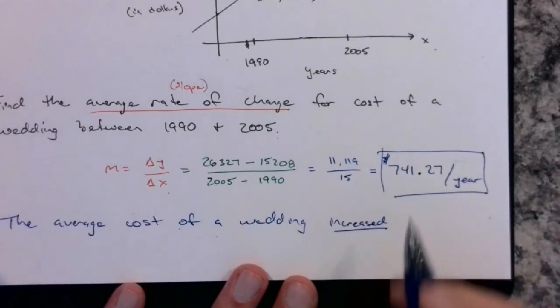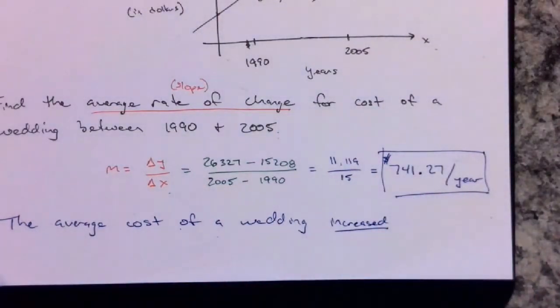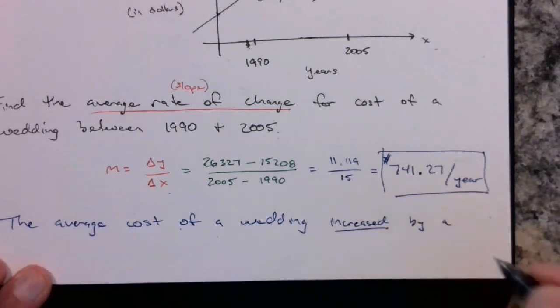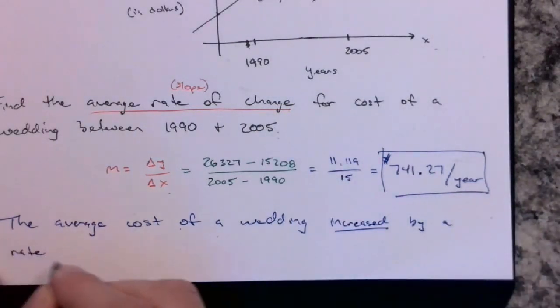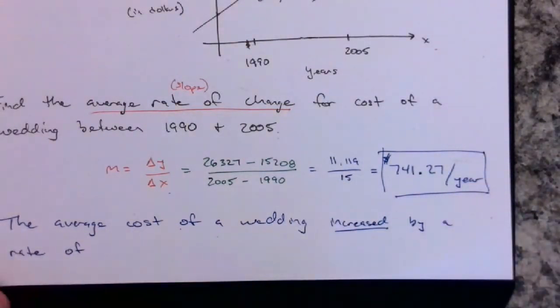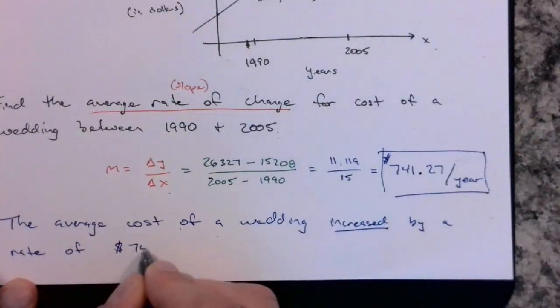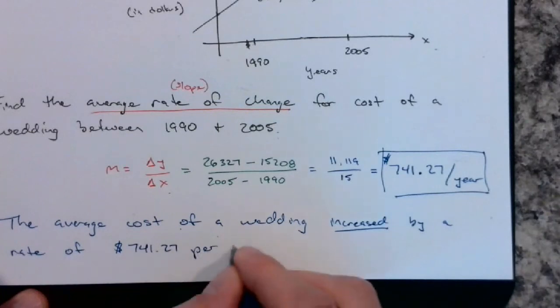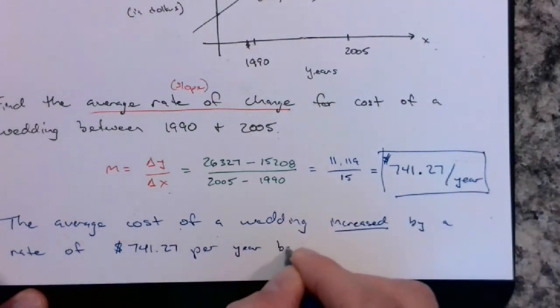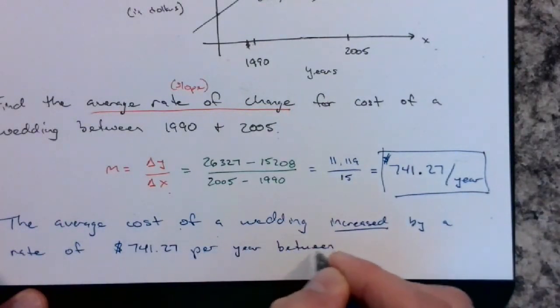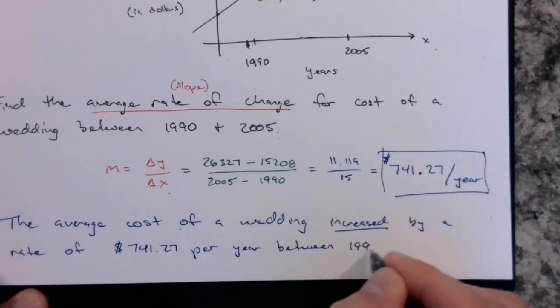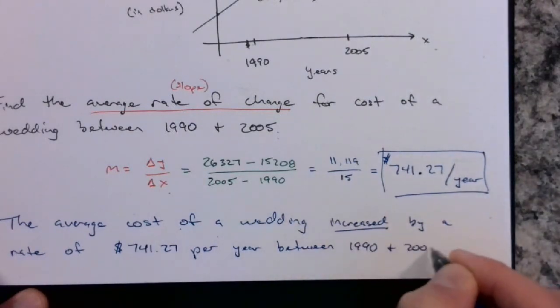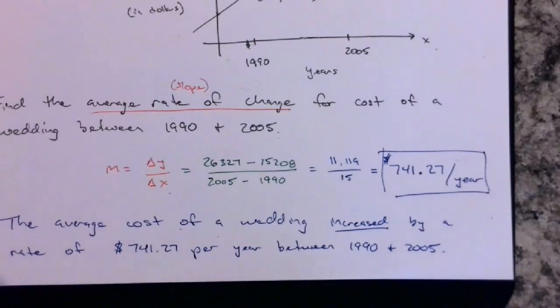That's telling me that you're analyzing that slope properly. So it's increased by a rate of $741.27 per year between 1990 and 2005.